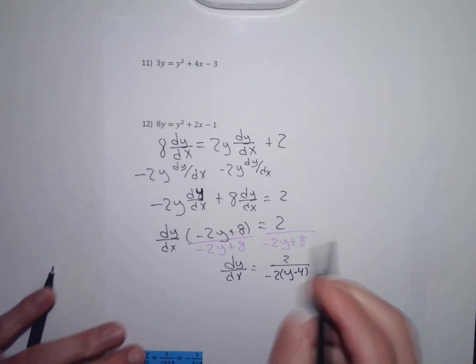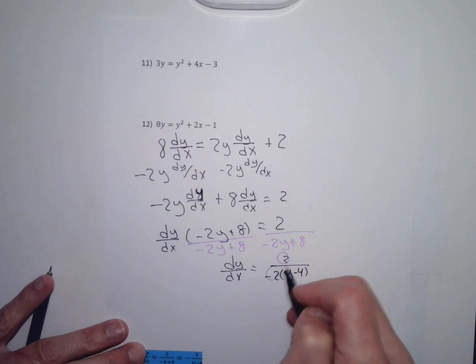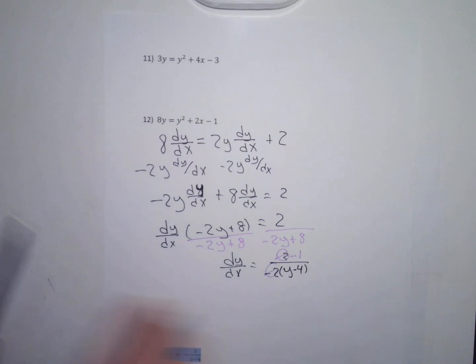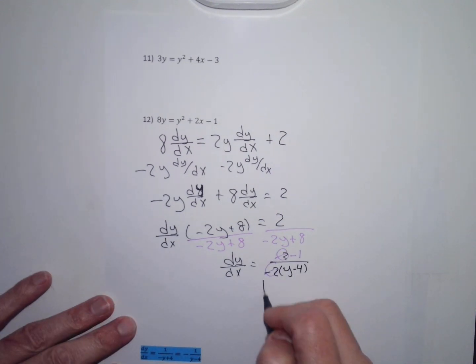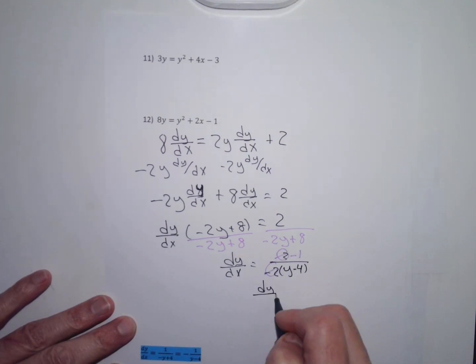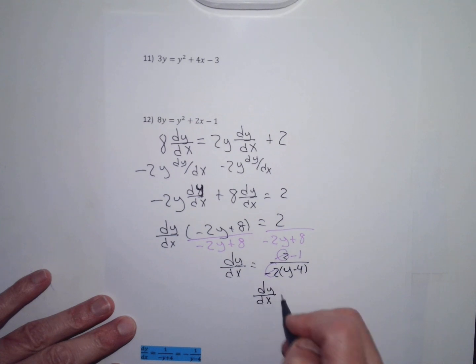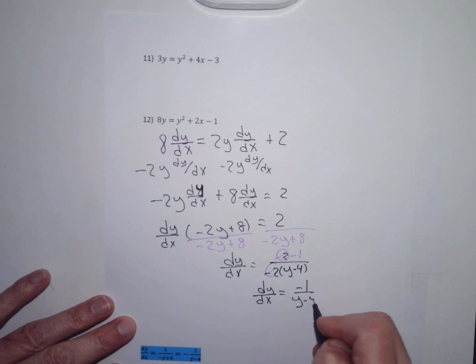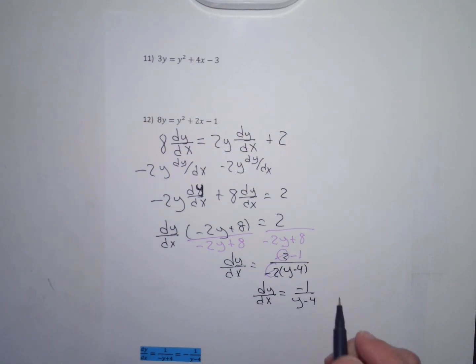And now I can reduce this and this. 2 divided by negative 2 is negative 1. I'm going to put the negative in the numerator, and I'm going to write dy/dx equals negative 1 over y minus 4 for kind of my best possible answer.